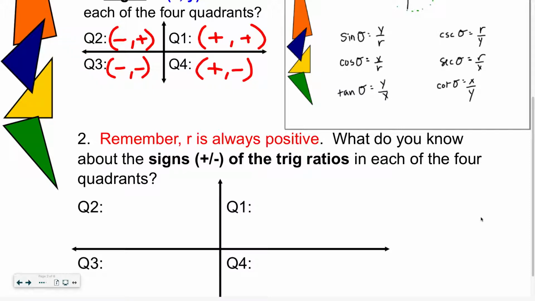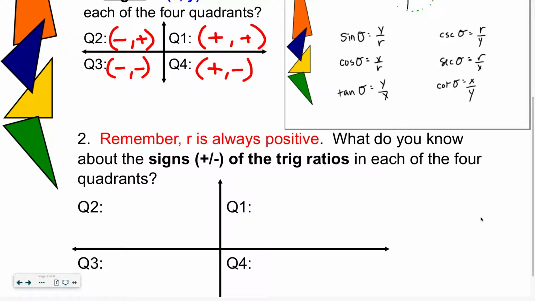So we have 6 trig ratios, but you and your group can really focus on the 3 basic trig ratios, sine, cosine, tangent. So the conversations you should be having right now should be, what's the sign of each of the trig ratios in quadrant 1? Sine, cosine, tangent. In quadrant 2, what's the sign of sine, the sign of cosine, and the sign of tangent? And do that for all 4 quadrants. Go ahead and have that conversation.